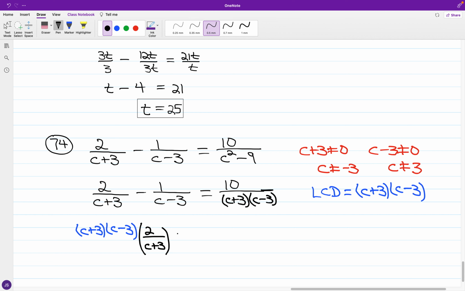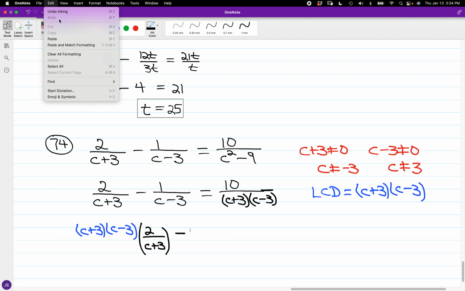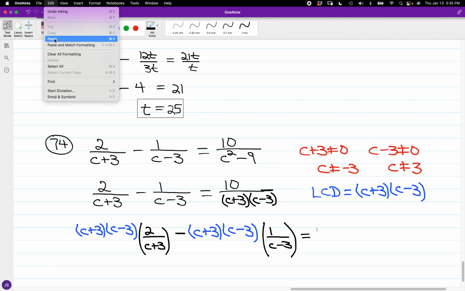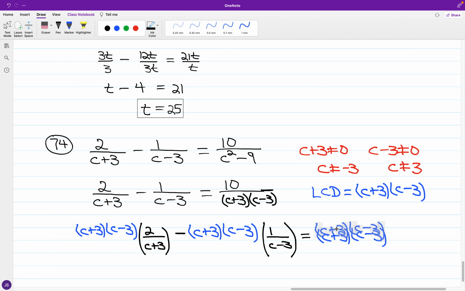I can bring down the subtraction. Then I have c plus 3, c minus 3 times 1 over c minus 3. And we'll start doing some cancellations in a moment. We've got c plus 3, c minus 3.